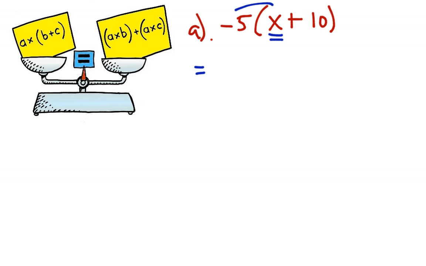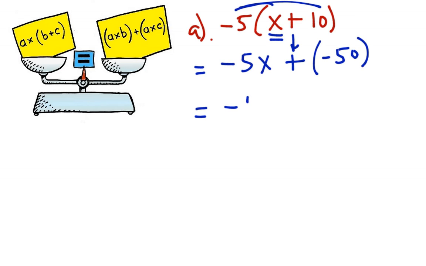So I'm going to multiply the negative 5 times the x and get negative 5 times x. Multiplication is implied because there's no symbol in between the negative 5 and the x. Then I'm going to write my plus. Then the negative 5 times 10 is going to give me negative 50.